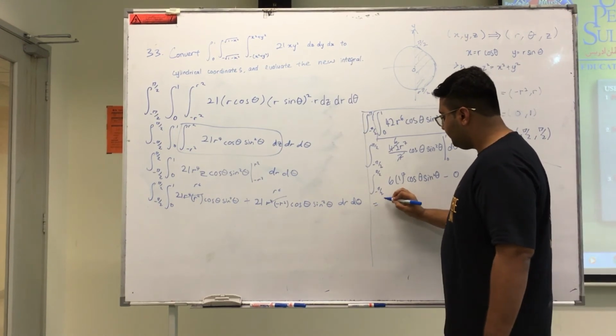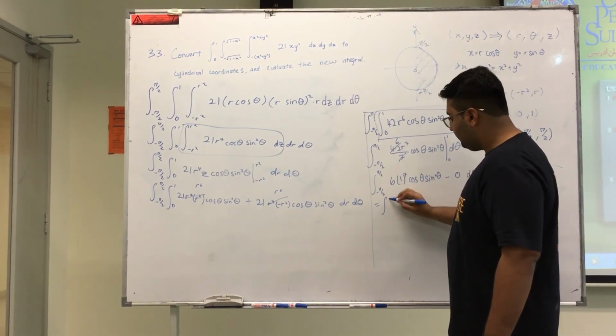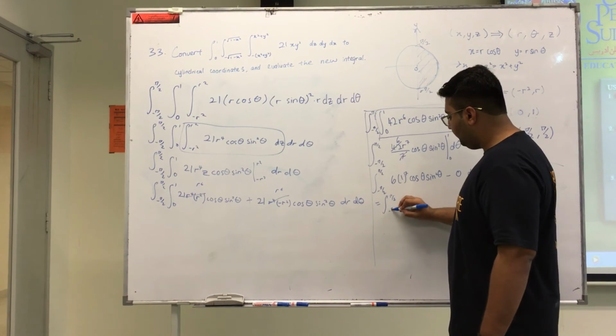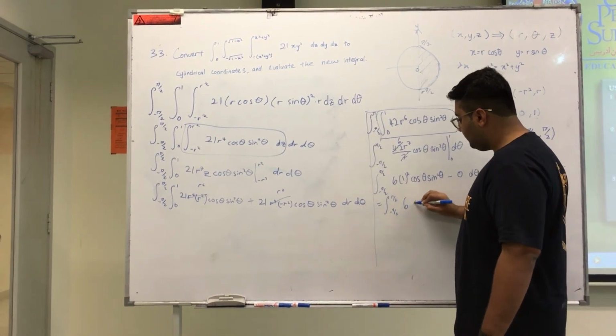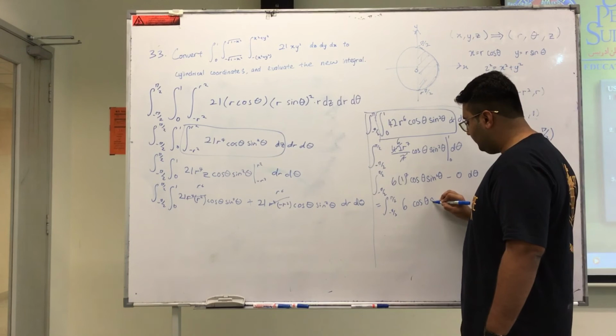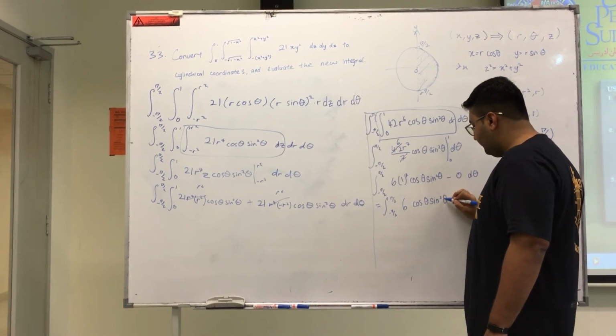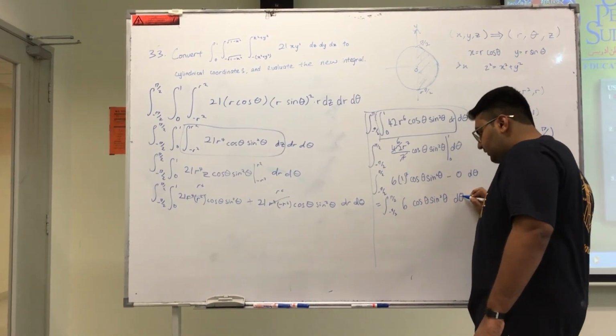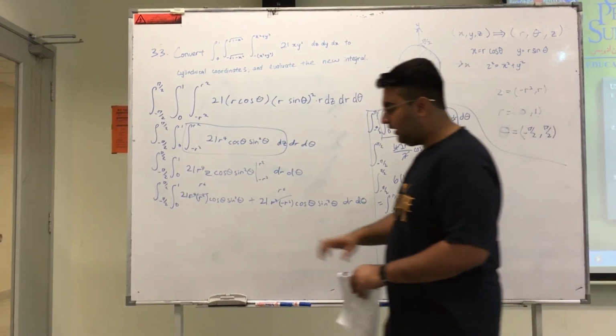Here, pi over 2, negative pi over 2, 6 cos theta sin square theta d theta. Now we are just left with theta.